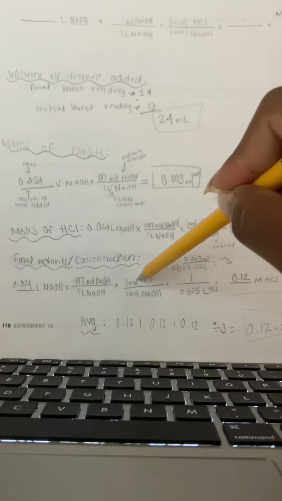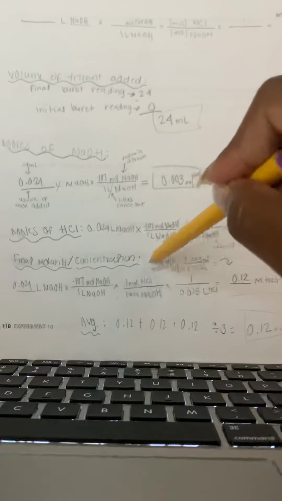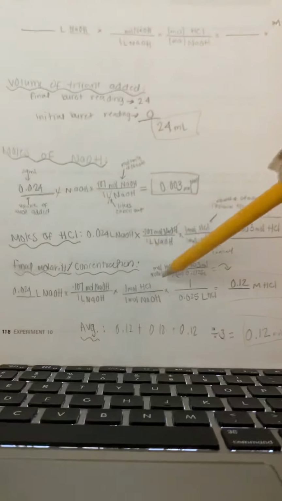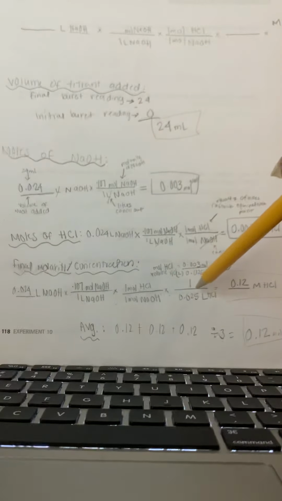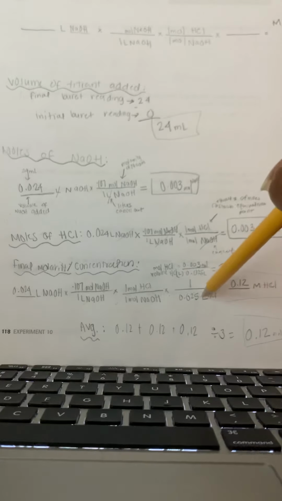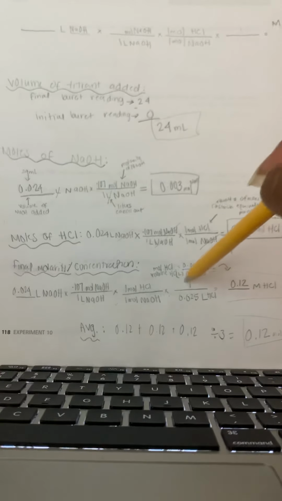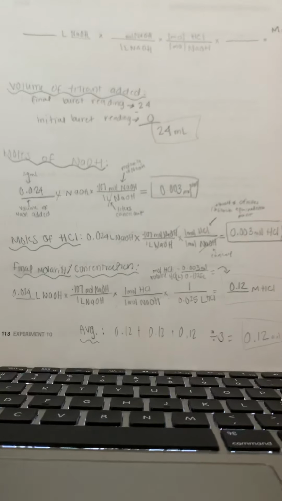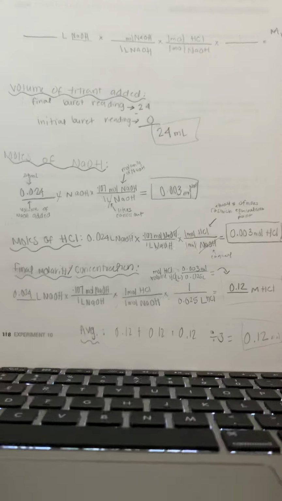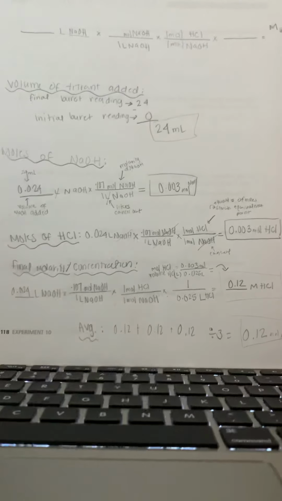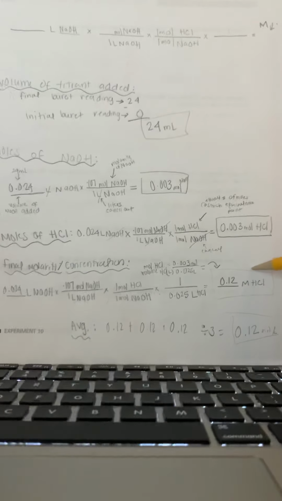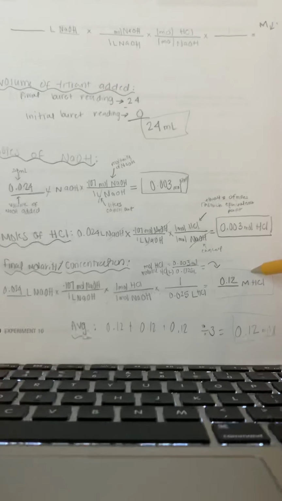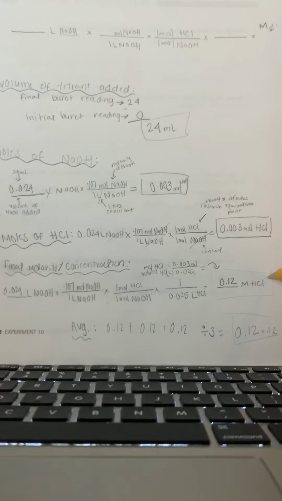Then you multiply by the 1-to-1 mole ratio of hydrochloric acid to sodium hydroxide, and then multiply by 1 over 0.025 liters of hydrochloric acid. We get that from the given, which was 25 milliliters, and all we did was convert it to liters here. Our answer for the final molarity, or concentration, is 0.12 molar hydrochloric acid.